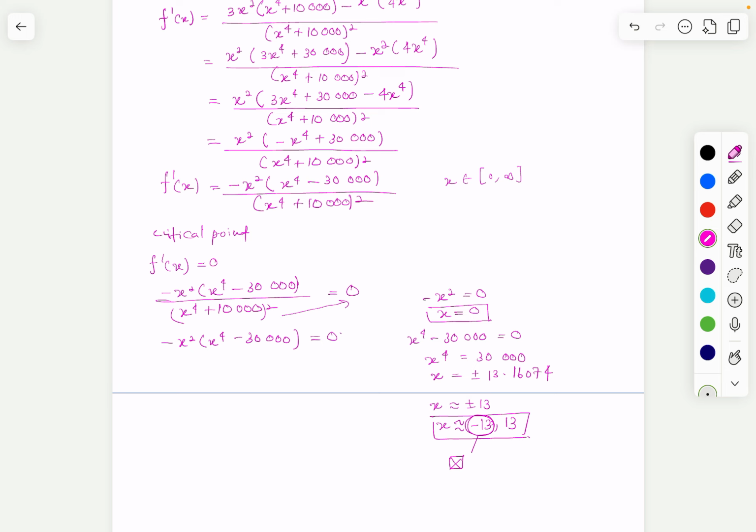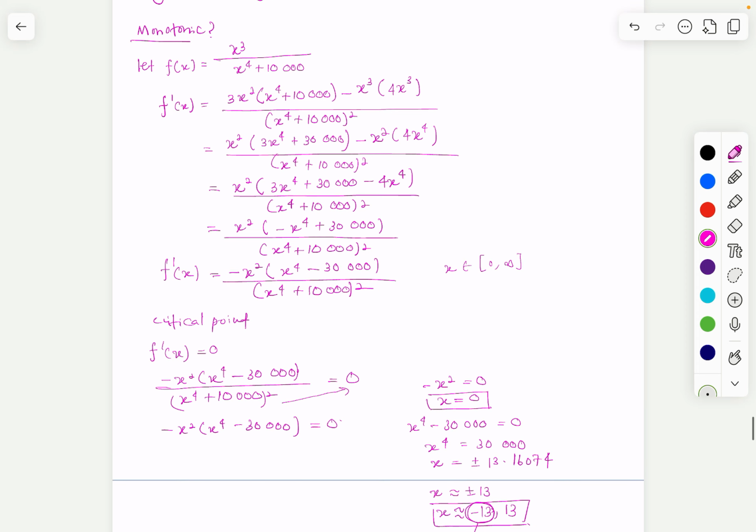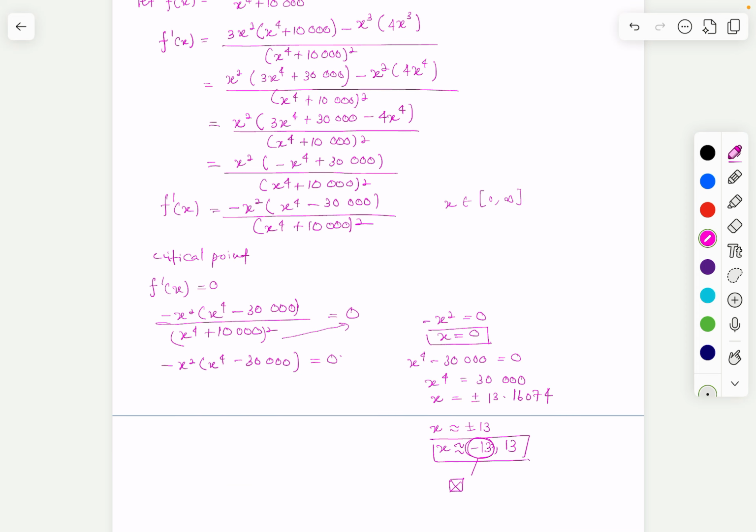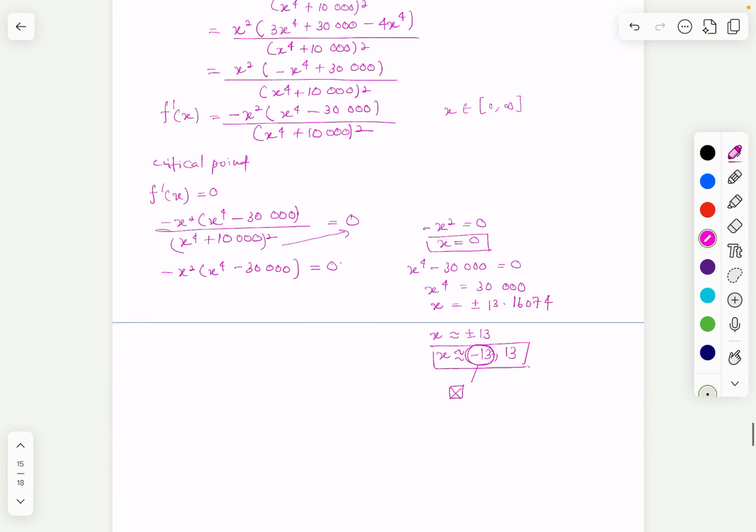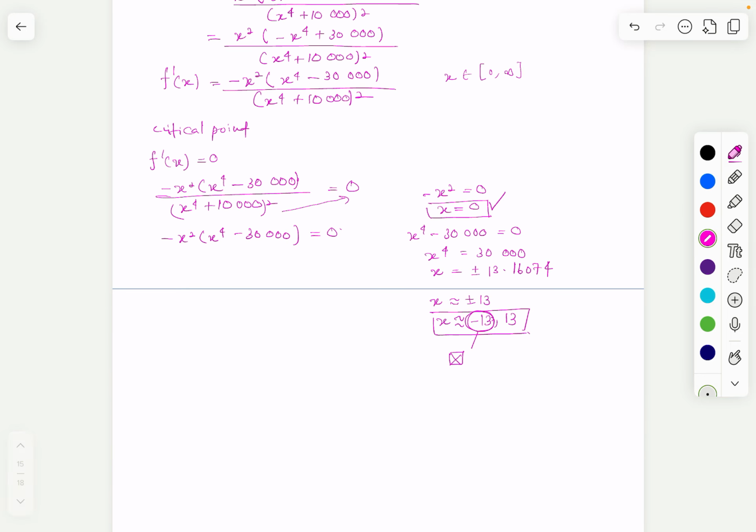So we exclude x equals negative 13. But we still consider 0 and 13 because they are within the values of n. So these are the critical points.